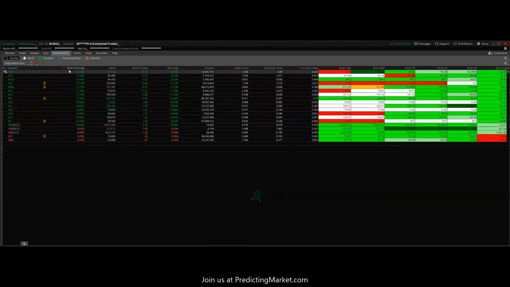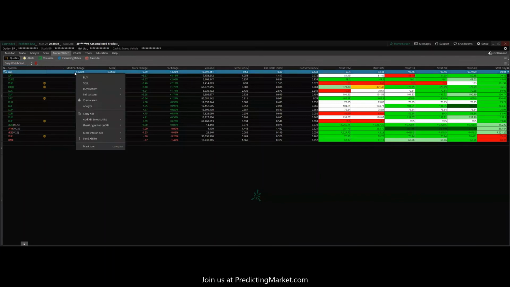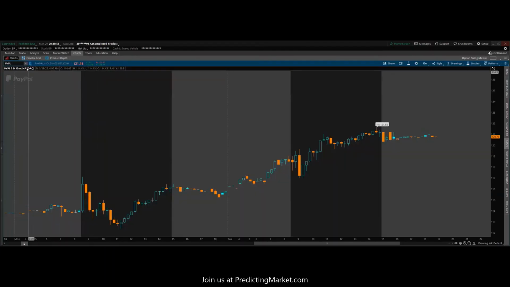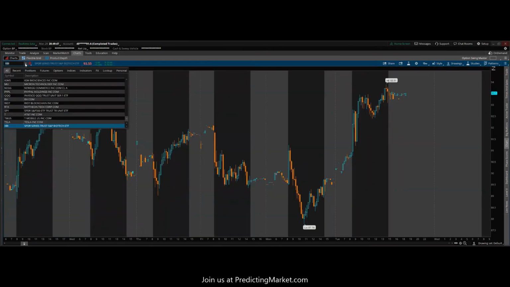So the first thing I do is go to the sectors and see how they are doing, check the mark percentage change, and see which sector is performing high that day. It says XBI, so what is XBI? Let me move it to the link one. XBI is biotech.